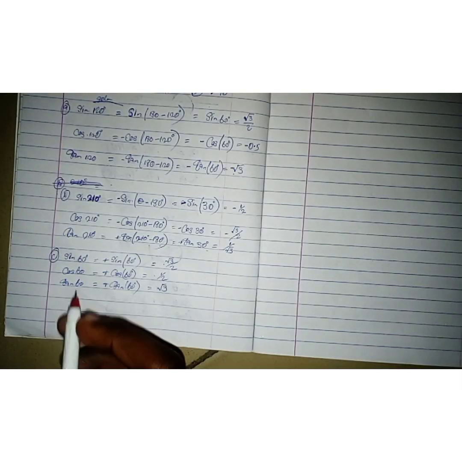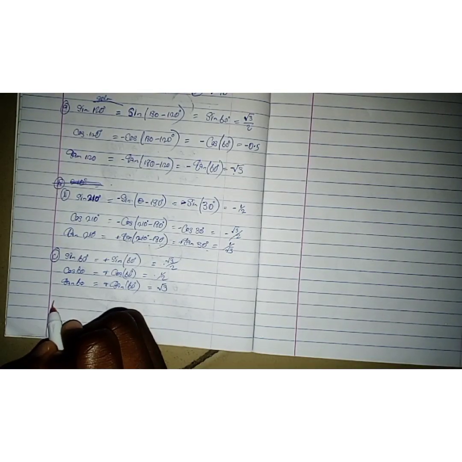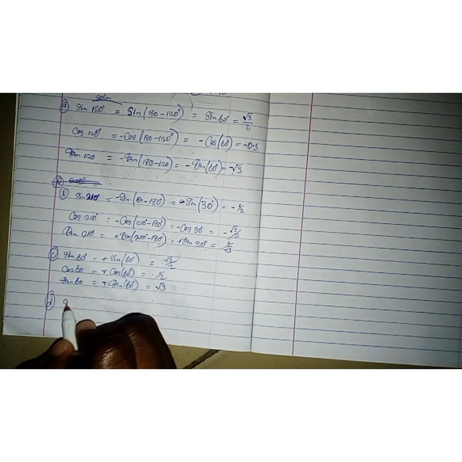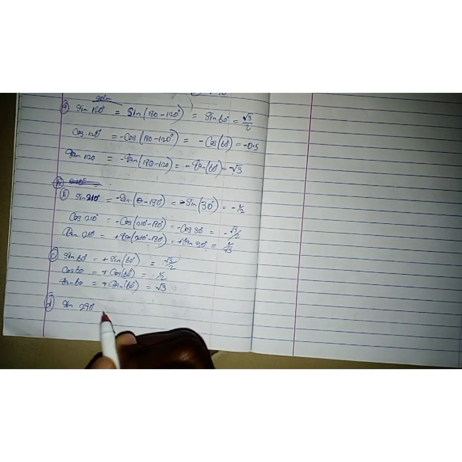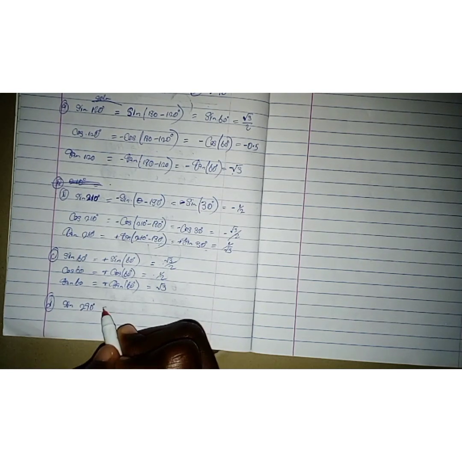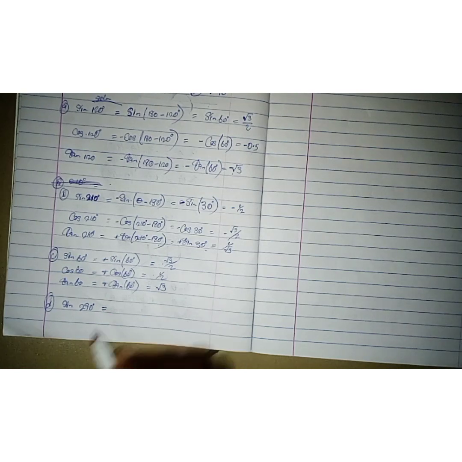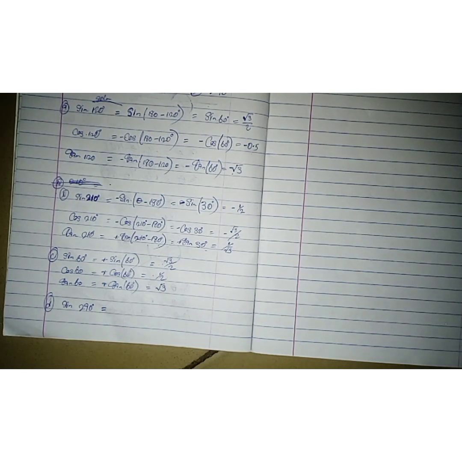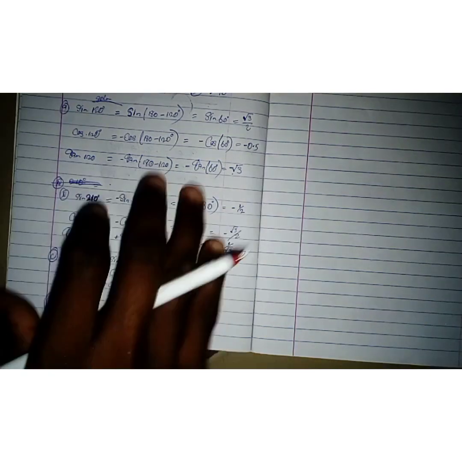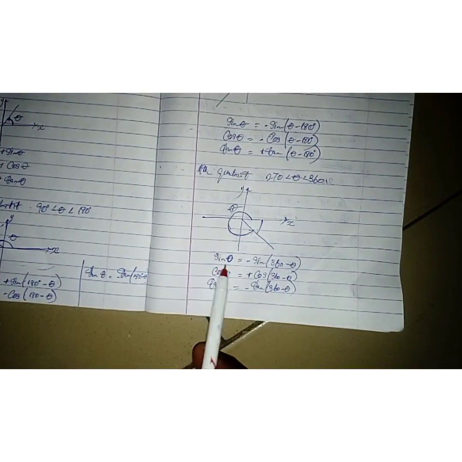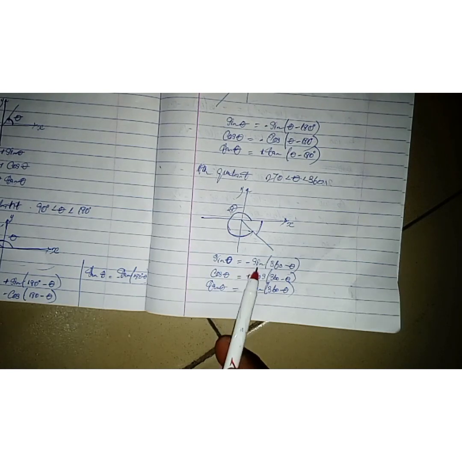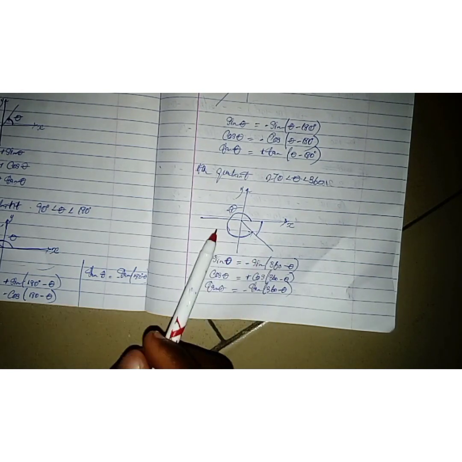While for the fourth one, which is D, sine 290 degrees would give you what? Would give you 360 minus 290 degrees. At the fourth quadrant, we say sine theta is negative sine of 360 minus theta.